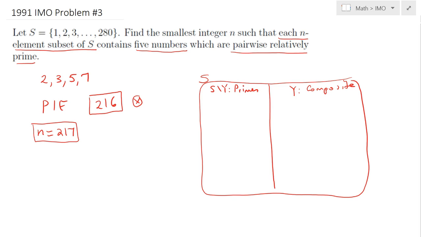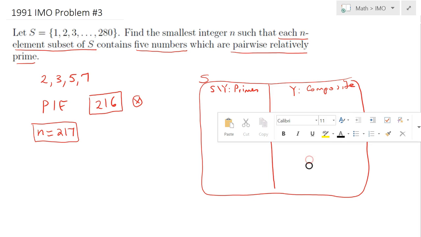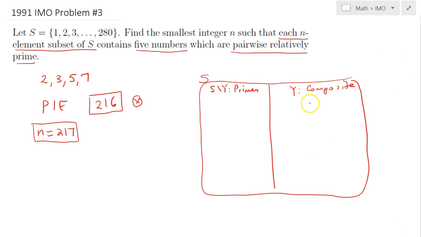If you count them carefully, you would realize that 220 of the 280 numbers are composite, and so therefore the size of Y is 220, and the size of S minus Y is 60 as a result.